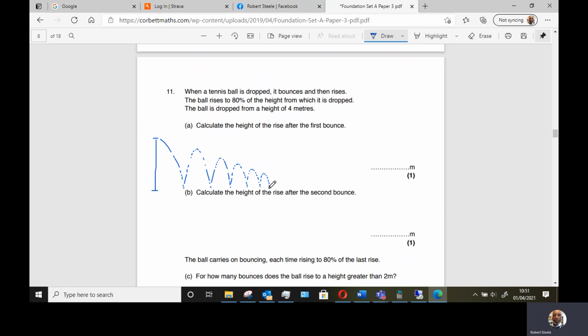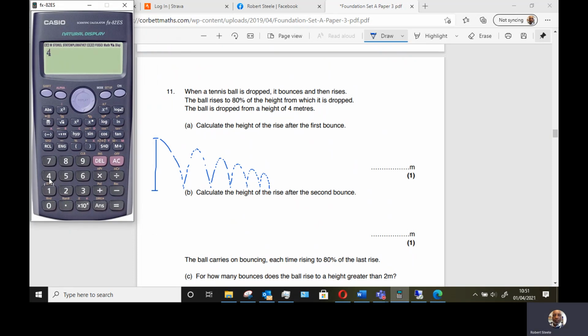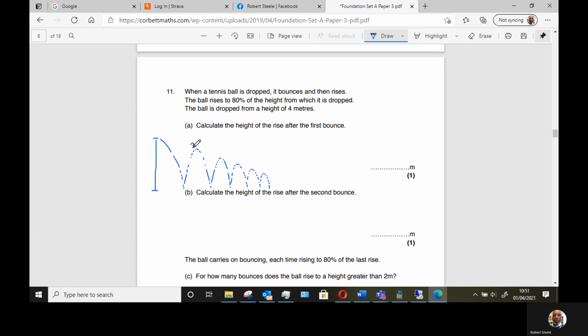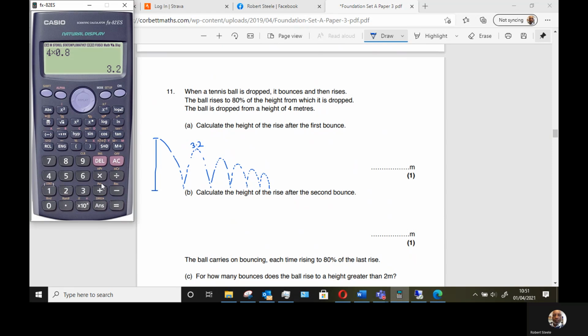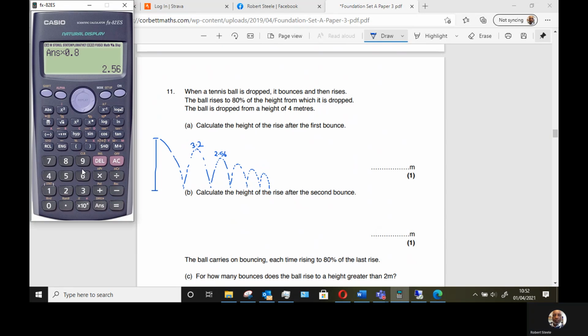So now that I've got my sketch, I'll get my calculator. 40 times 0.8 equals. And then I times by 0.8 again. And again.